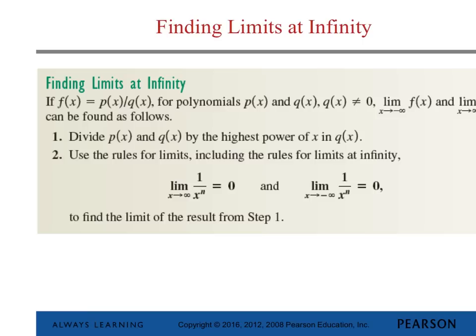If your function is a quotient of 2 polynomials, p of x and q of x, a rational expression, and your limits are approaching either negative infinity or positive infinity, you divide both p of x, your numerator, and q of x, your denominator, by the highest power of x in the denominator.